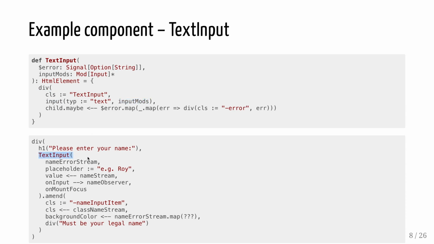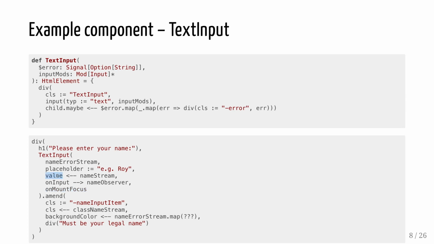Here we call this component, we provide the error stream, and then we also provide 4 modifiers. One that sets placeholder, another that pulls a value from the stream, another that listens to on-input events, and finally one that focuses on this input element when it's mounted. This is completely unrelated functionality, and in some use cases you might want a placeholder or not.